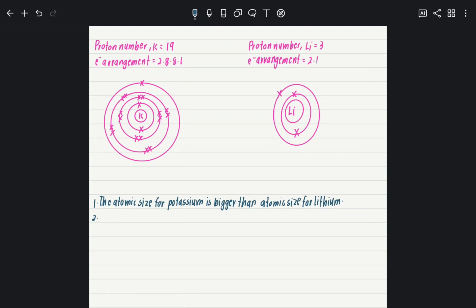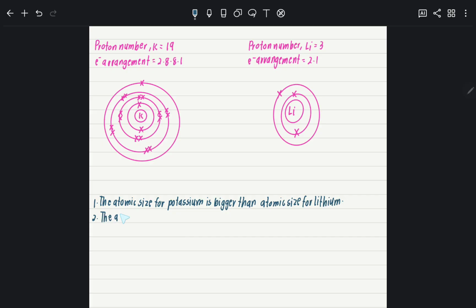Now talk about the atomic radius. You can talk about the atomic radius, or the number of shells occupied by electrons. Basically, since potassium's atomic size is bigger, the number of shells occupied by electrons for potassium is more than lithium. So I will jump to the point.